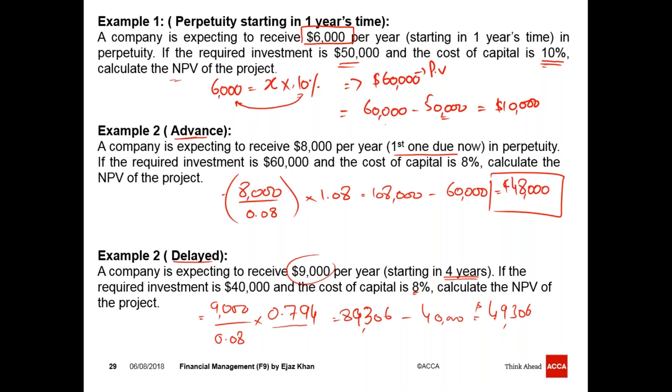It won't make that difference. It's almost the same value, 89,305, or it's 89,325. That's not a big difference. So that was perpetuity. So we're done with the perpetuity starting in 1 year's time. That is ordinary perpetuity. We are done with the advanced perpetuity and then the delayed perpetuity.